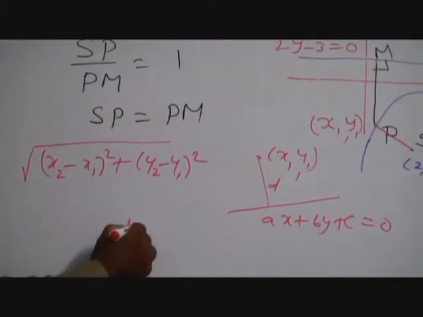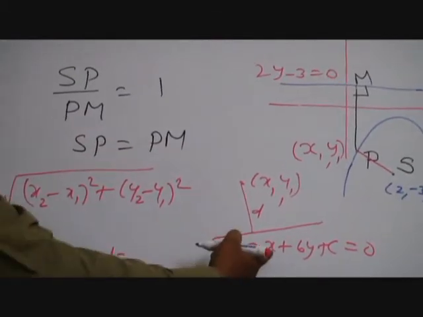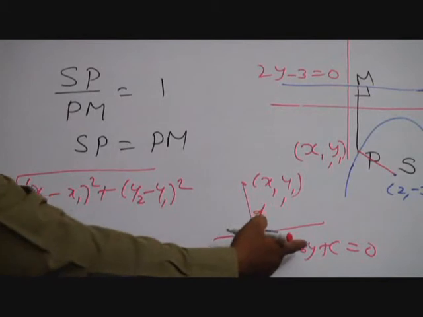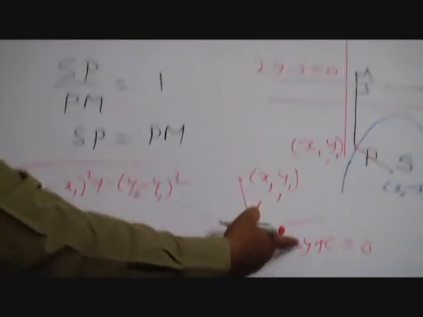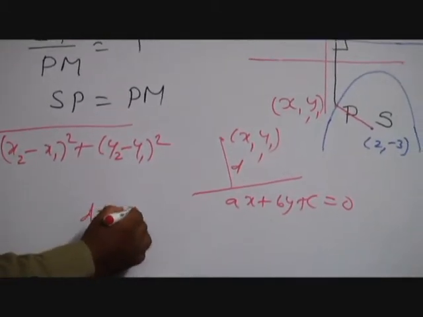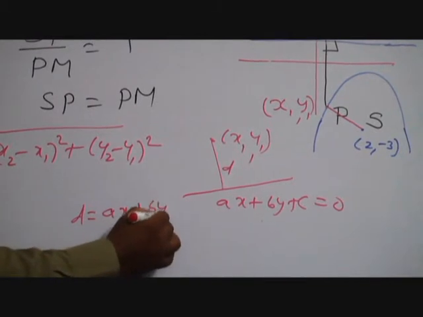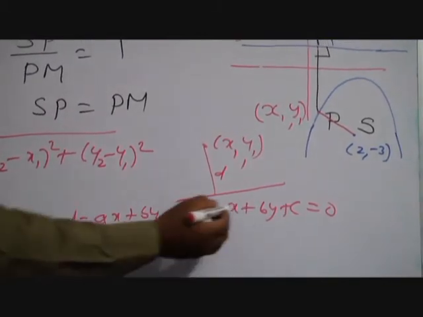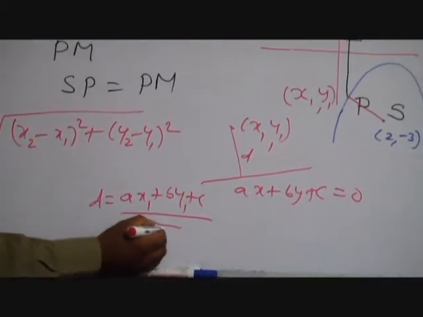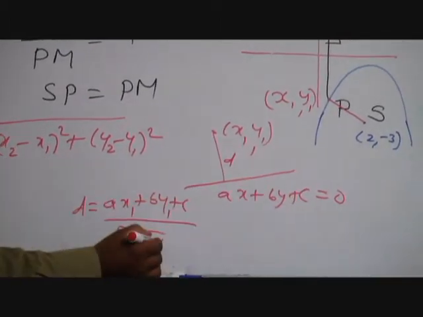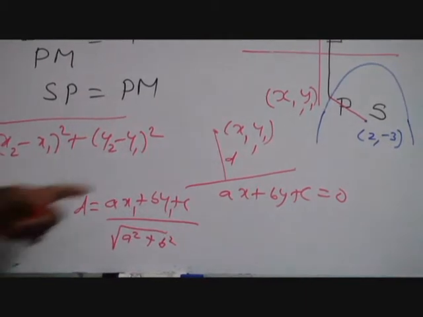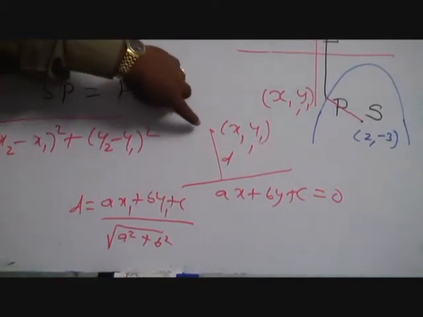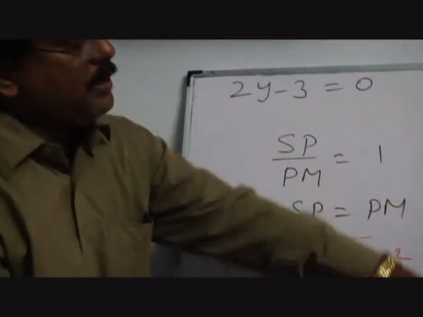The perpendicular distance d equals, instead of x you substitute x1, instead of y you substitute y1. Therefore |ax1 + by1 + c| divided by the square root of a squared, the coefficient of x squared, plus b squared, the coefficient of y squared. This is the formula used to find the perpendicular distance from the given point to the given line.